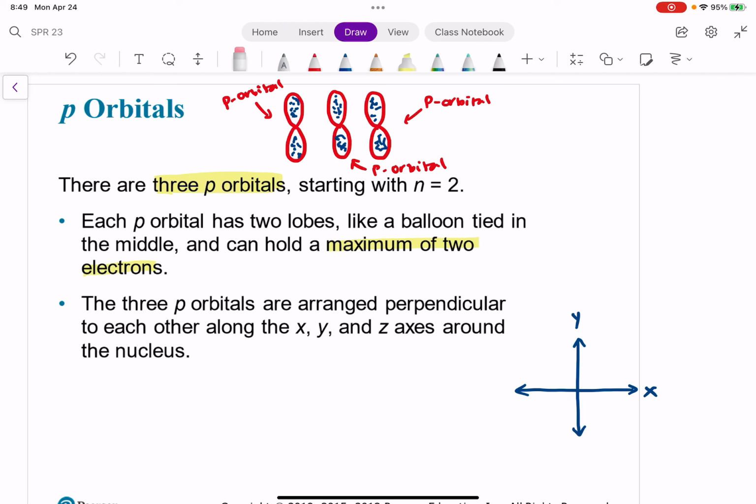And then your z is kind of popping out at you, towards you. I'm not great at drawing in 3D, but this would be your z. It's perpendicular, sticking out of the page.